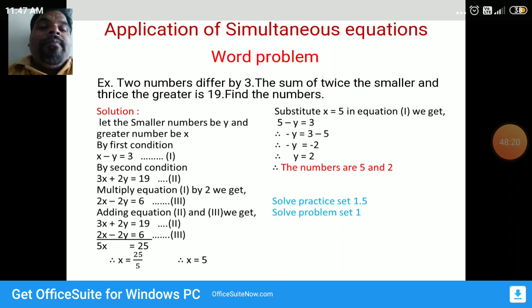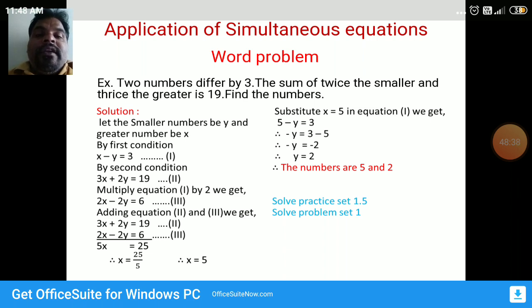Then the first condition, two numbers differ by 3, means the difference between the two numbers is 3. That is, the first equation is x minus y is equal to 3. This is the first equation.